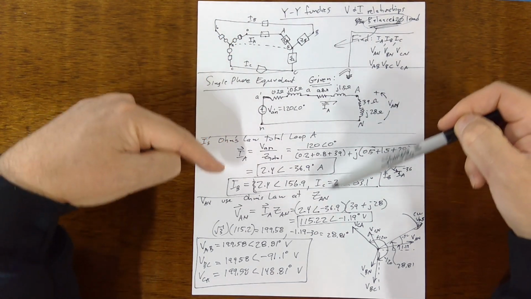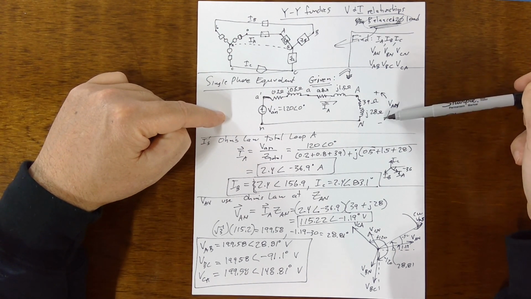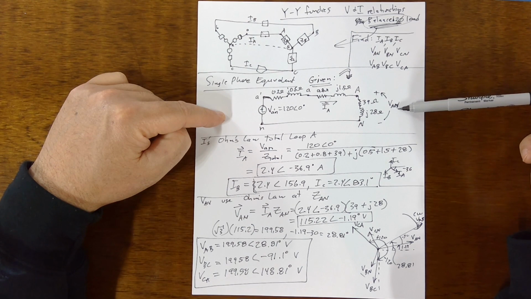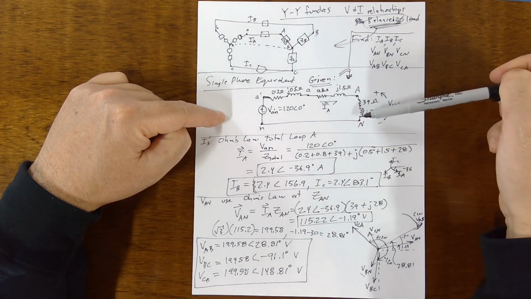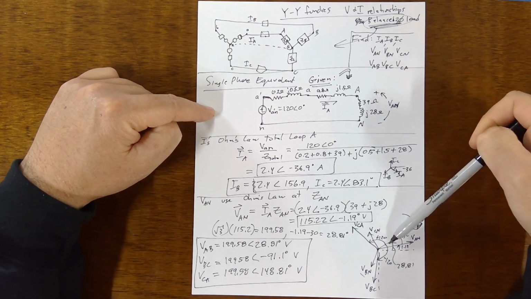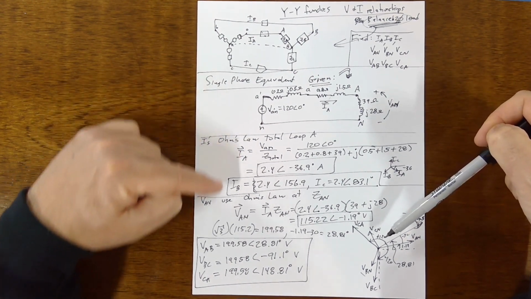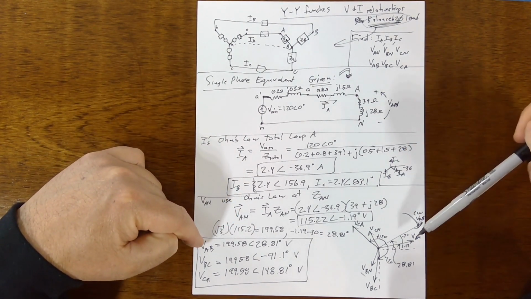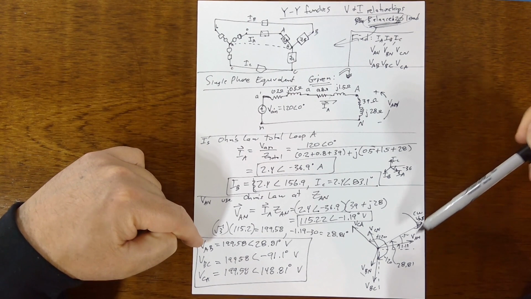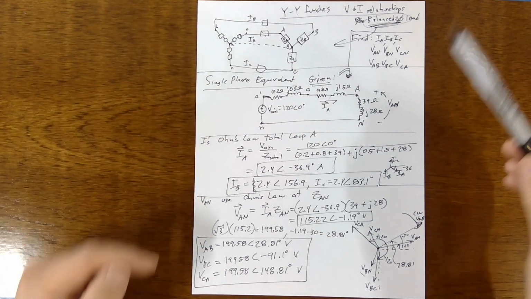You can use Ohm's law twice to get the voltage at the load, V big AN, and the current through that loop. And then you just apply these angle relationships on I_A and V_AN to get the line-to-line voltage from the phase voltage. Yeah. All right.